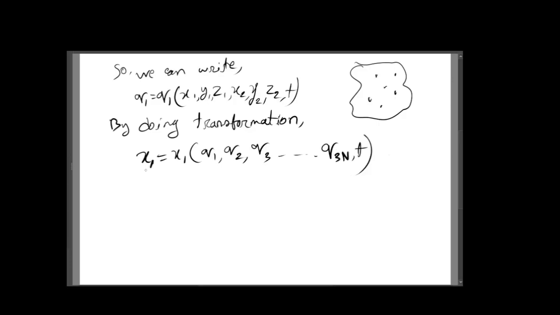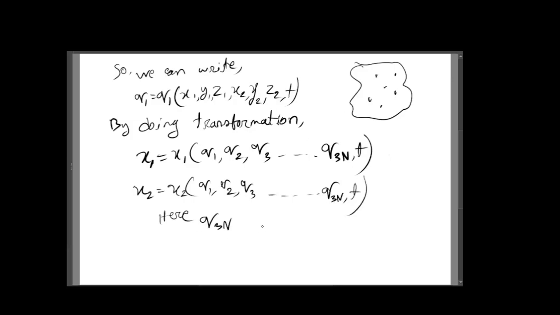This is one of the components of the Cartesian coordinate system. We have transformed it from the components of the generalized coordinate system. Now we can write x2 is equal to x2 of q1, q2, q3, dot dot, q3n, comma t.